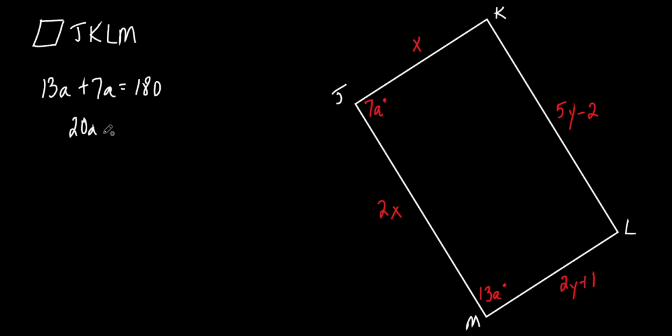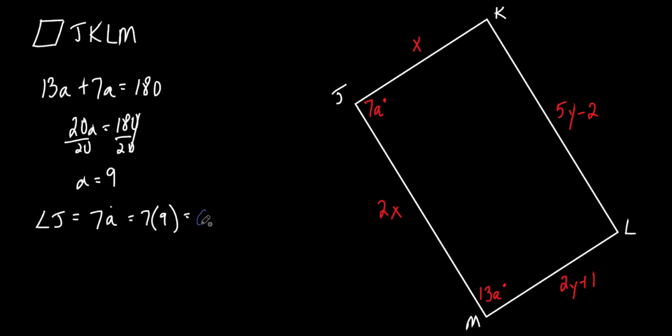So 20a equals 180, divided by 20. A is 9. Does that mean the angle is 9 degrees? No, it just means a is 9. So if I wanted to find angle J, it's 7a, or 7 times 9, which is 63.